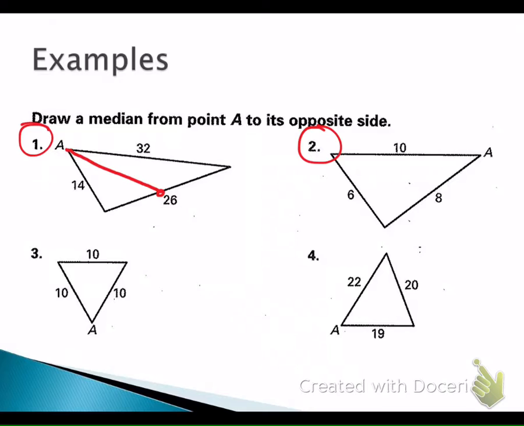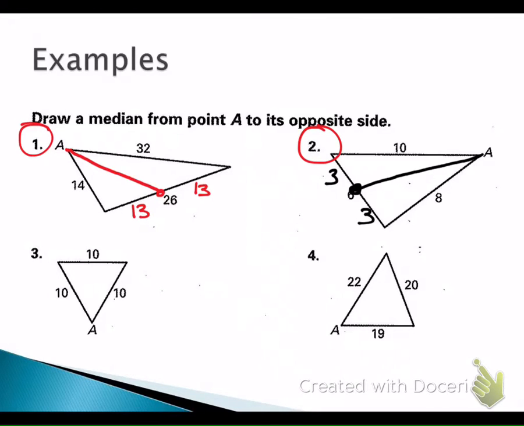Divide 26 by 2. 13. Good. That was painful, guys. Let's see if we can do a little better over here. So on the next one, I'm going to start at A, and I'm going to go across the triangle to the midpoint. Yes, it was 6. The 2 sides are 3 and 3.